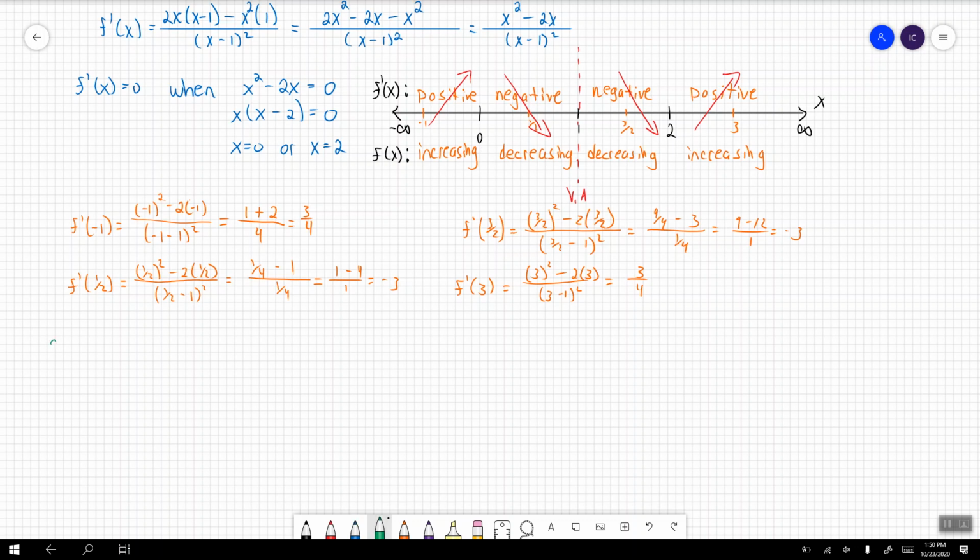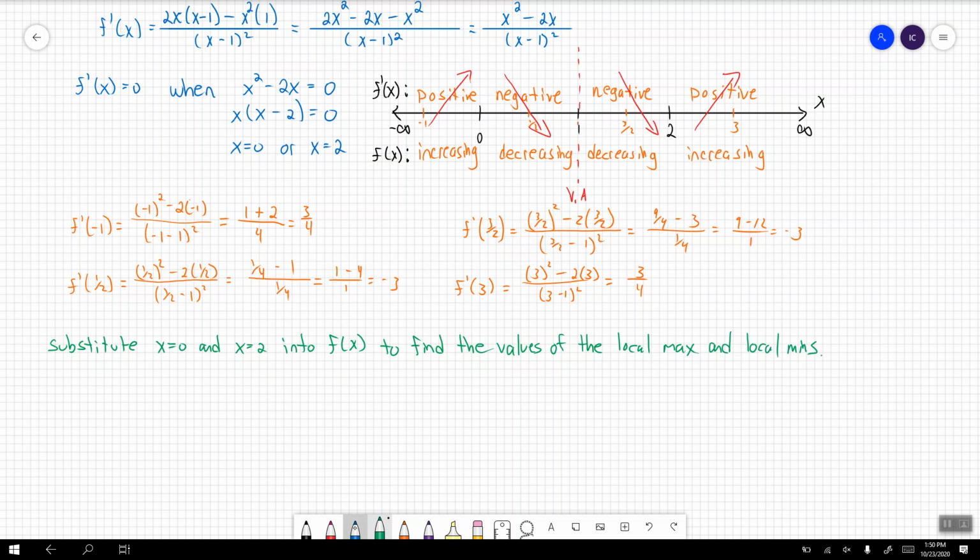So I'm going to say here, substitute x is equal to 0 and x is equal to 2 into f of x to find the values of the local max and local mins.